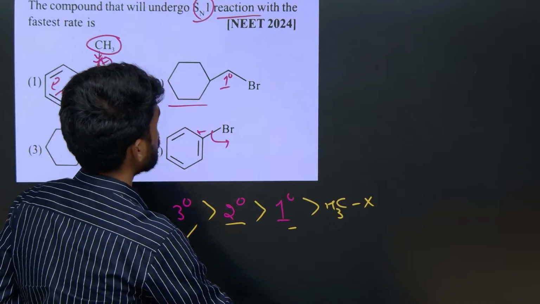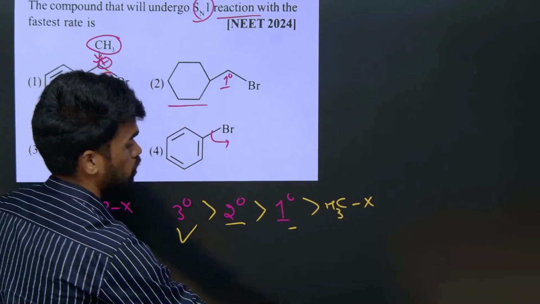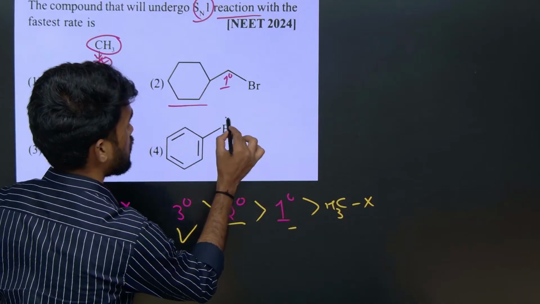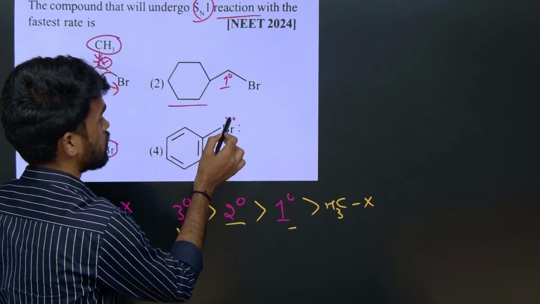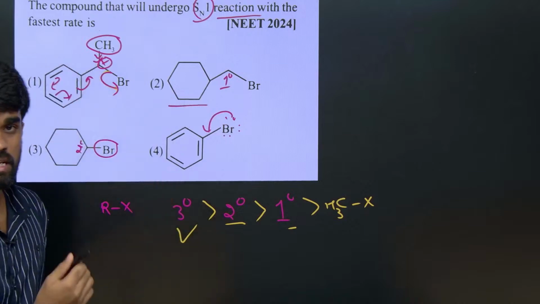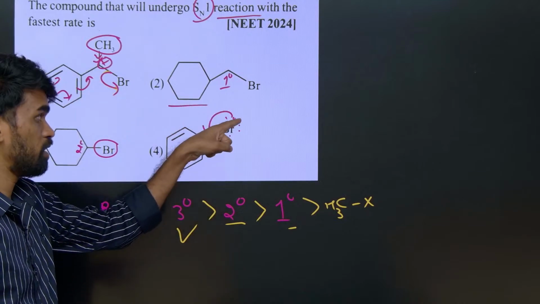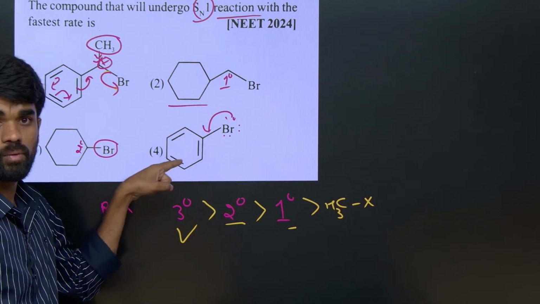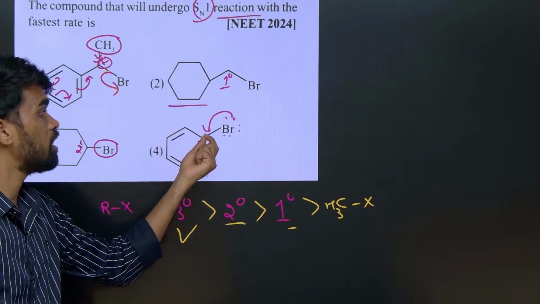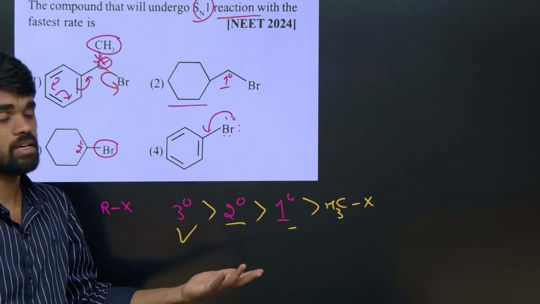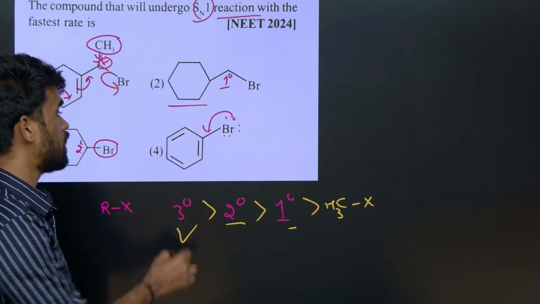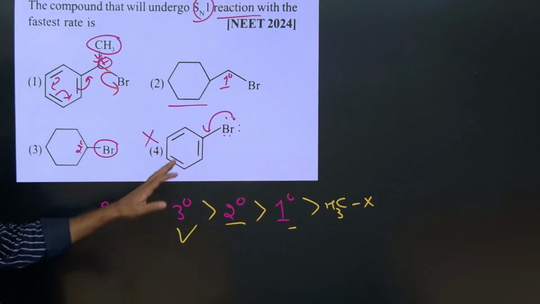And bromine will not be a good leaving group here, because the lone pair electrons of this bromine or halogen may have some resonating effect, releasing the electrons into the ring for conjugation, therefore it will not go out that easily. It's a bad leaving group here, so it will not show the chemical reaction. So this is the slowest one.